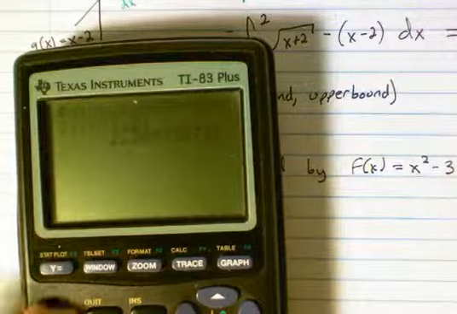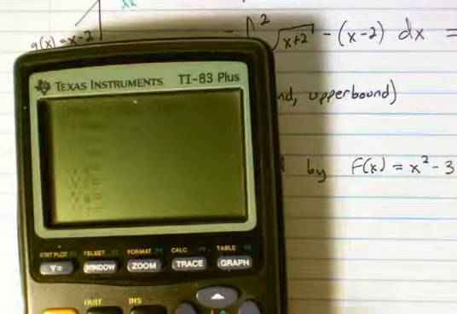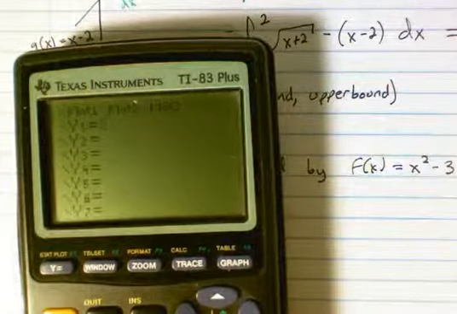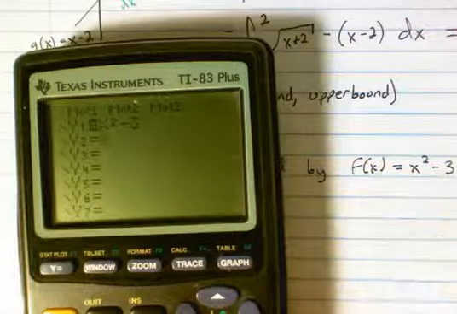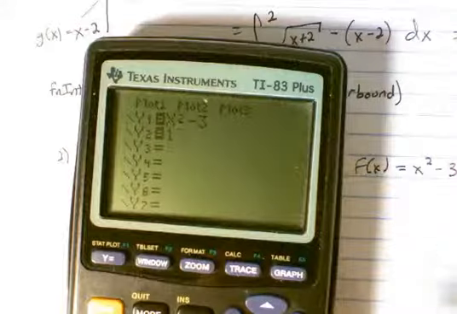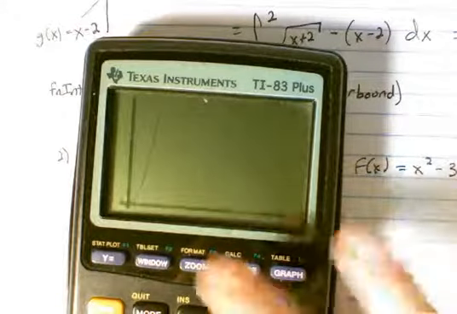If you have your calculator available, all you have to do, go to y, enter in x squared minus 3, and then y equals 1. Graph.